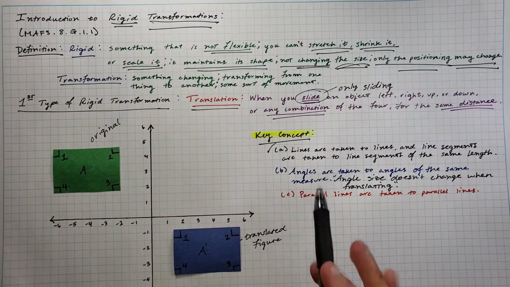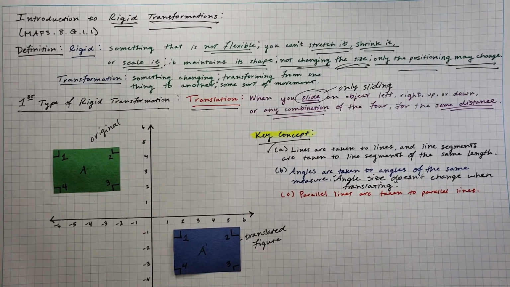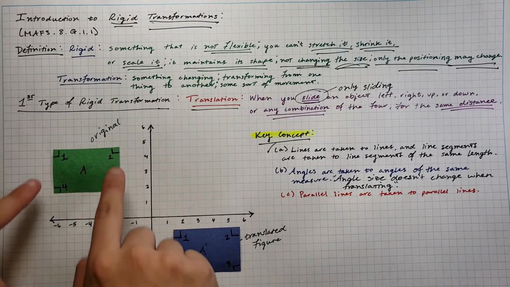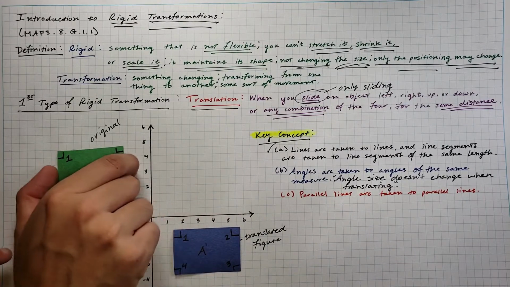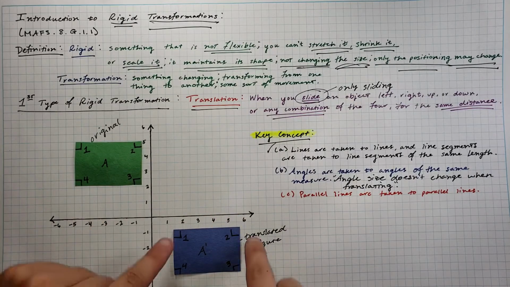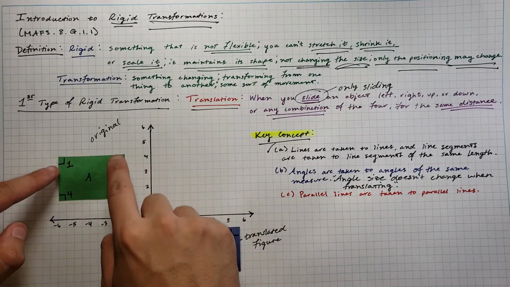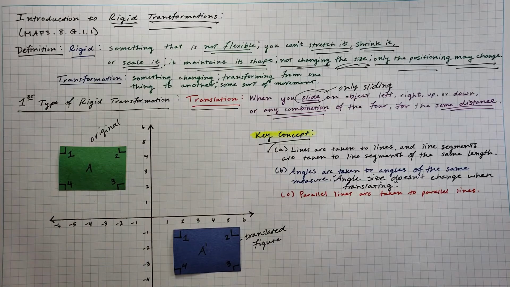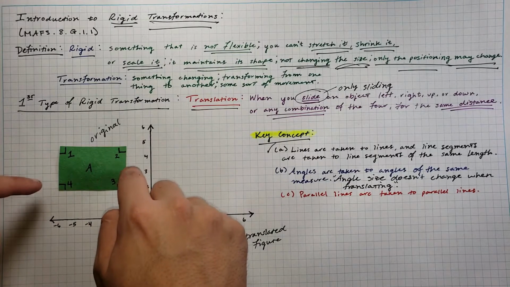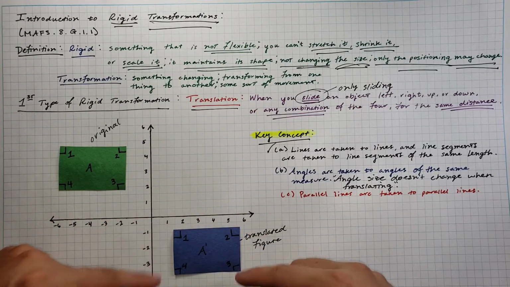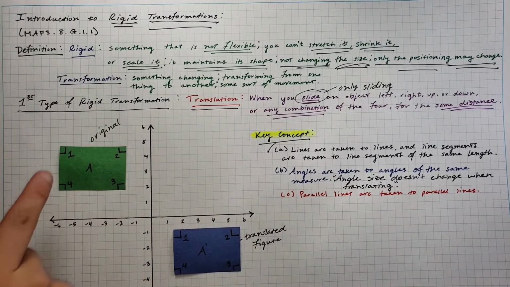And the last one, part C, says parallel lines are taken to parallel lines. Well, what does that mean? If you look at these two lines right here, these two lines are parallel. And when we translated this figure to the right then down, these two lines were still parallel. So all that means is parallel lines are preserved. If you start with parallel lines and you translate, you're going to end up with parallel lines again. And the same thing goes for these top two right here.